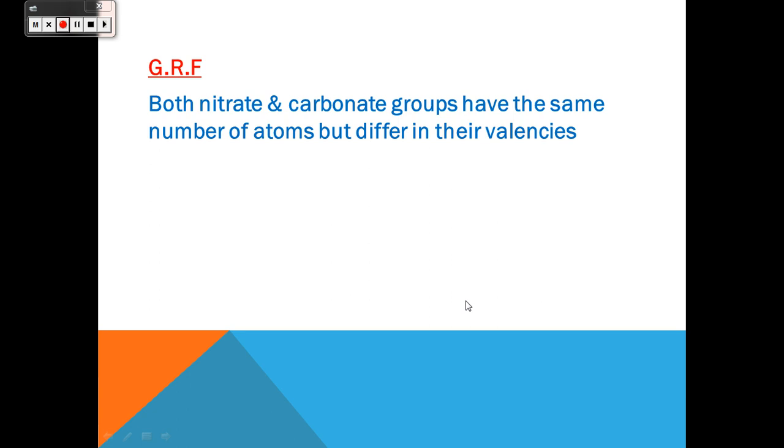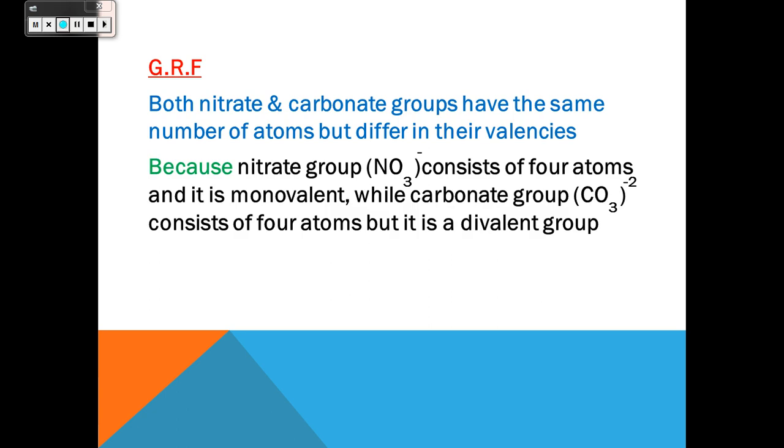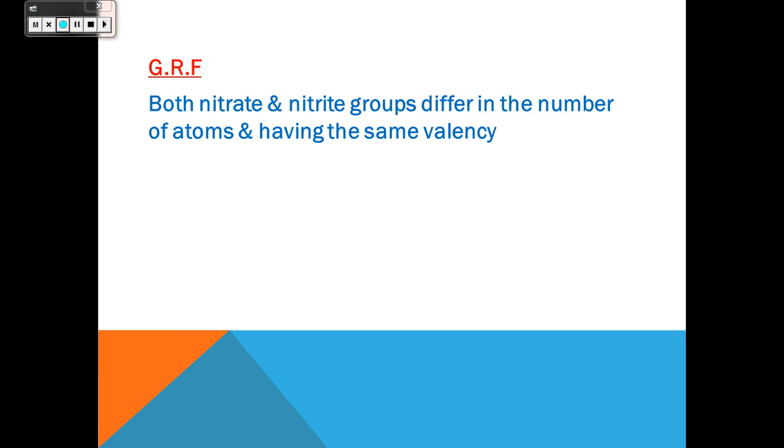And now if I ask you, give reason for: both nitrate and carbonate groups have the same number of atoms but differ in their valency. Do you know why? Because the nitrate group NO3 consists of 4 atoms and it's monovalent, while the carbonate group CO3 with charge -2 consists of 4 atoms but it's a divalent group.